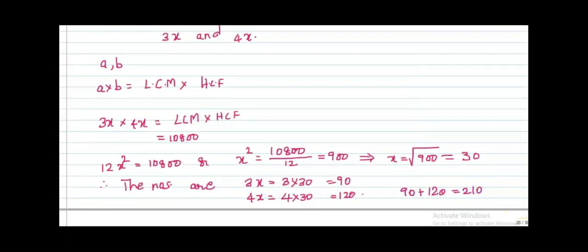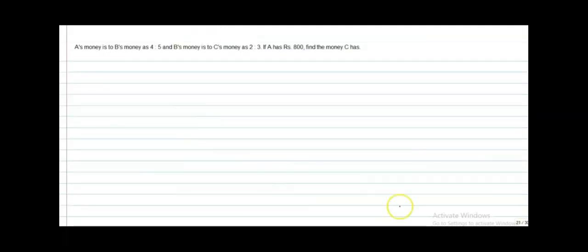Now we move on to the next question. A's money is to B's money as 4:5, and B's money is to C's money as 2:3. If A has 800 rupees, find the money C has.